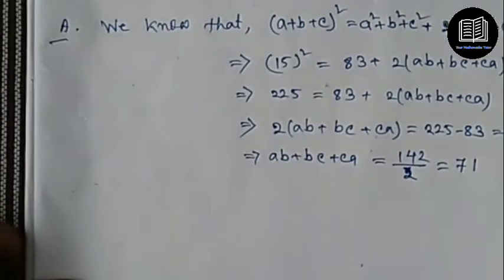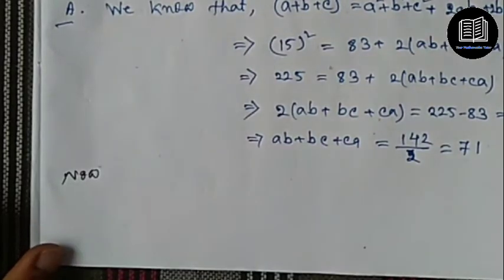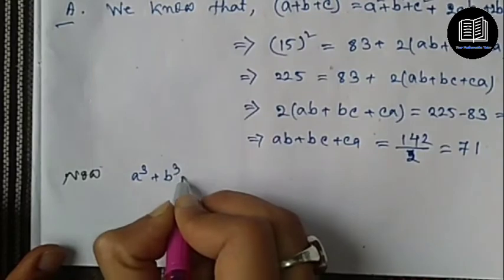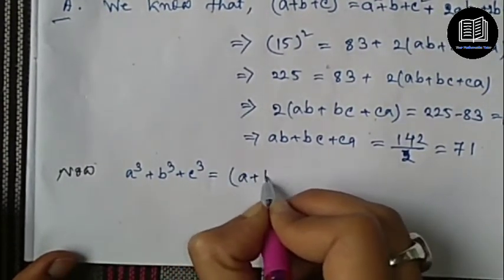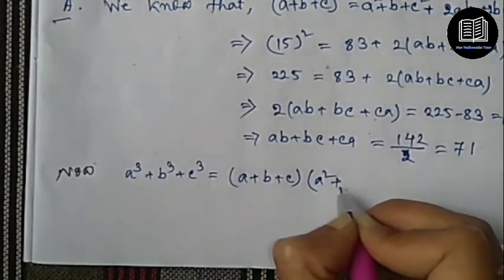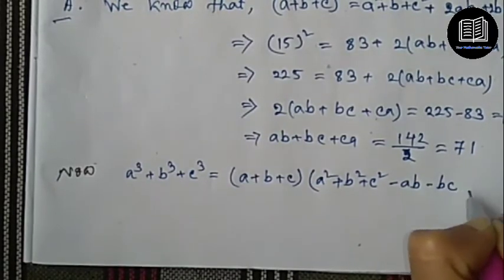Now use an identity. A cube plus b cube plus c cube equals to a plus b plus c into a square plus b square plus c square minus ab minus bc minus ca.